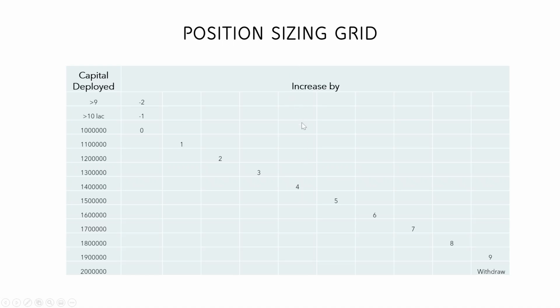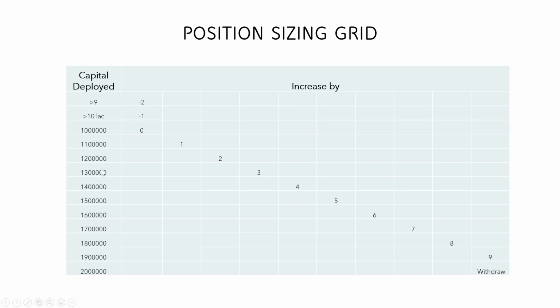The position sizing grid says that if you have started with 10 lakhs, which means you have started with 10 lots, and your profit goes between 11 lakh to 12 lakh, you increase the position size by 1 lot.